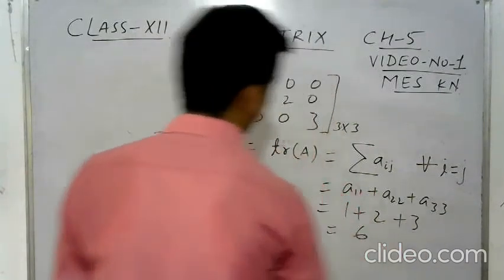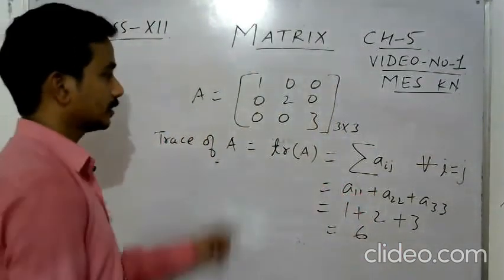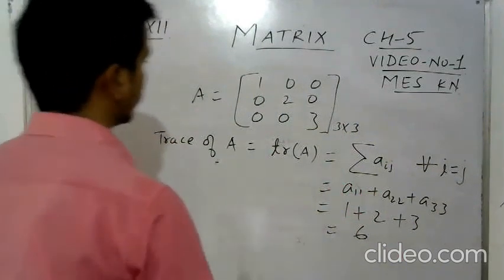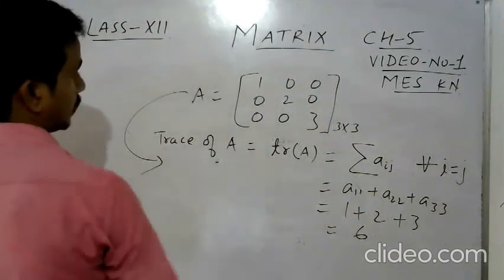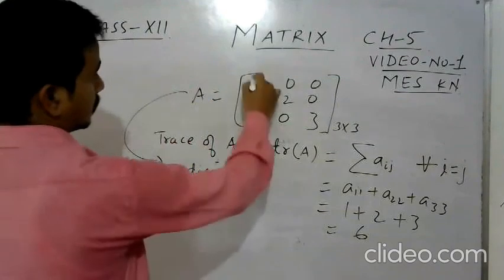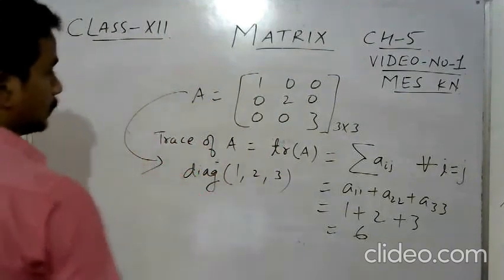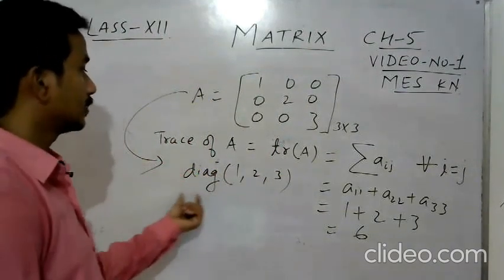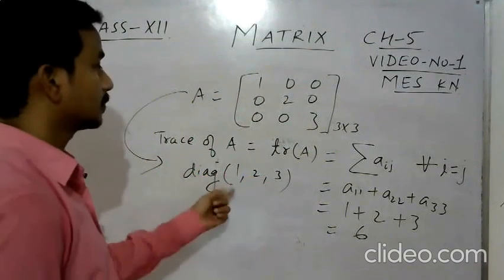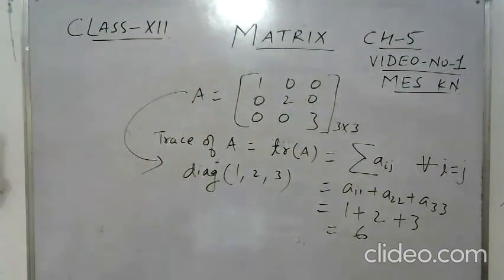So here the trace of matrix A is 6. This matrix is a diagonal matrix, and this is also written as diag(1, 2, 3). If you are asked to find the trace of this matrix, just add the diagonal elements.